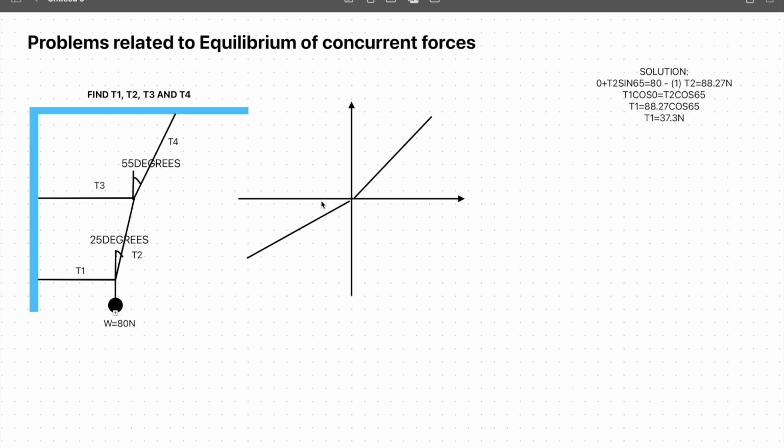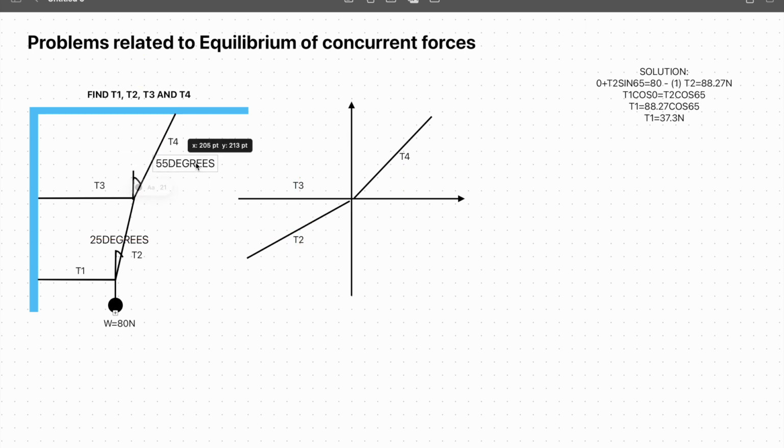We separate this. This is T3, this is T4, and this is T2.